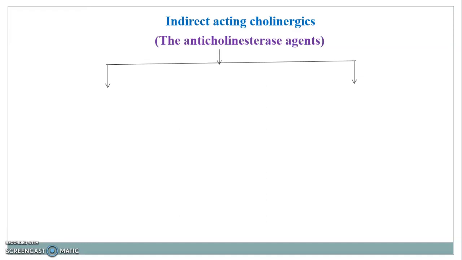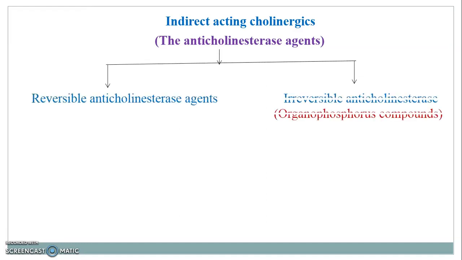Now moving to the indirect acting cholinergics. These are also known as anticholinesterase agents, as they inhibit the acetylcholinesterase enzyme. That's why the name anticholinesterase agents, which are further classified as reversible anticholinesterase agents and irreversible anticholinesterase agents.